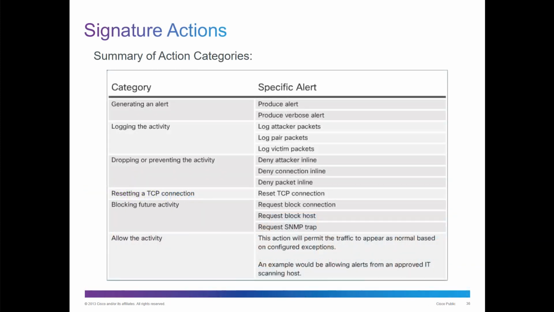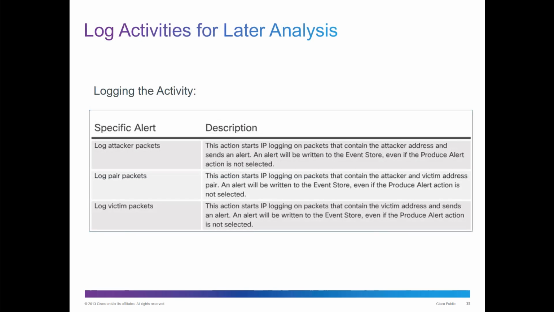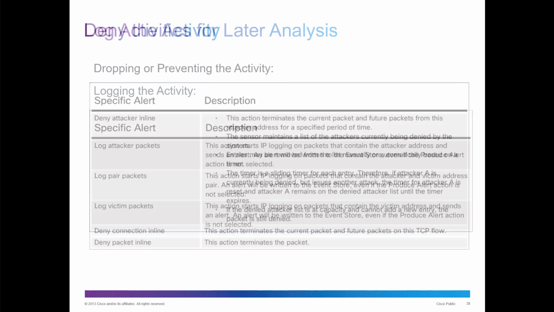Generating an alert, logging an alert, dropping or preventing the activities, resetting a connection, maybe blocking future activities, or permitting and allowing the activity. It kind of just depends. Producing an alert will, again, produce an alert. Logging the activity could be as simple as logging attacker packets, logging pair packets, or logging victim packets.